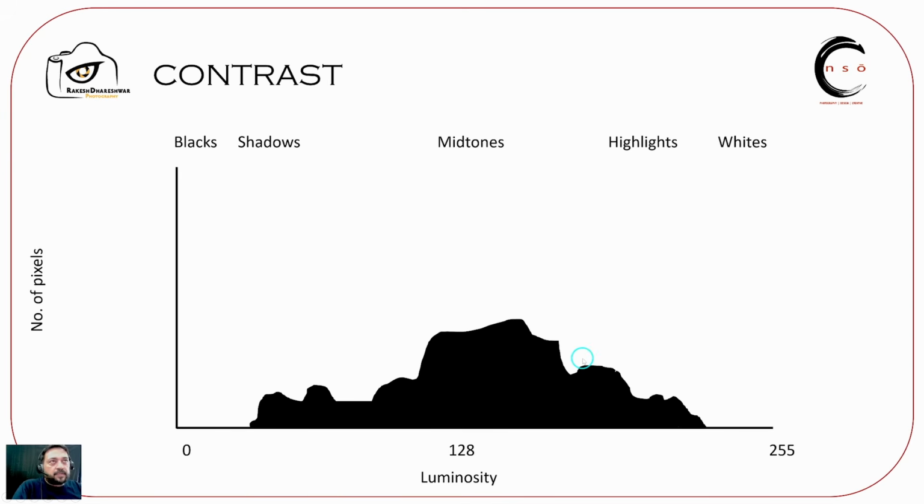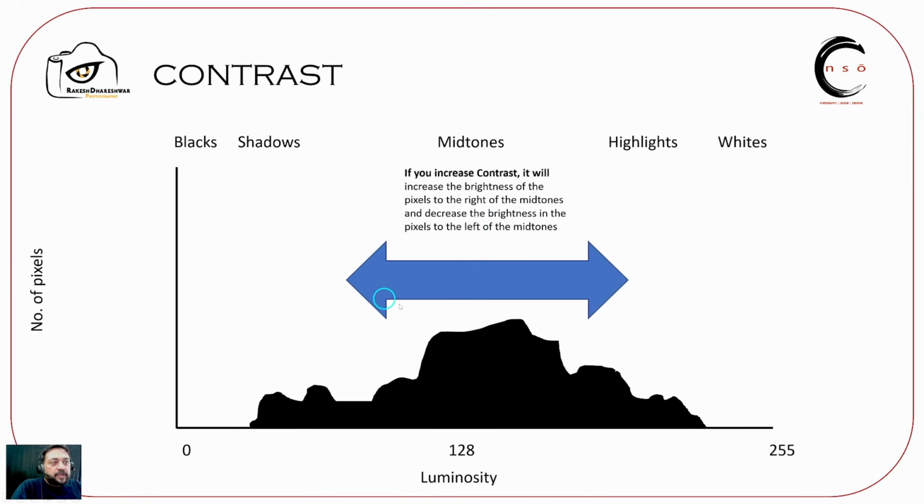Now, there are images which look washed out, or there is not much contrast going on. What does contrast actually do? If you increase the contrast, it will increase the brightness of the pixels which are right of the midtone, and it will make them even brighter.